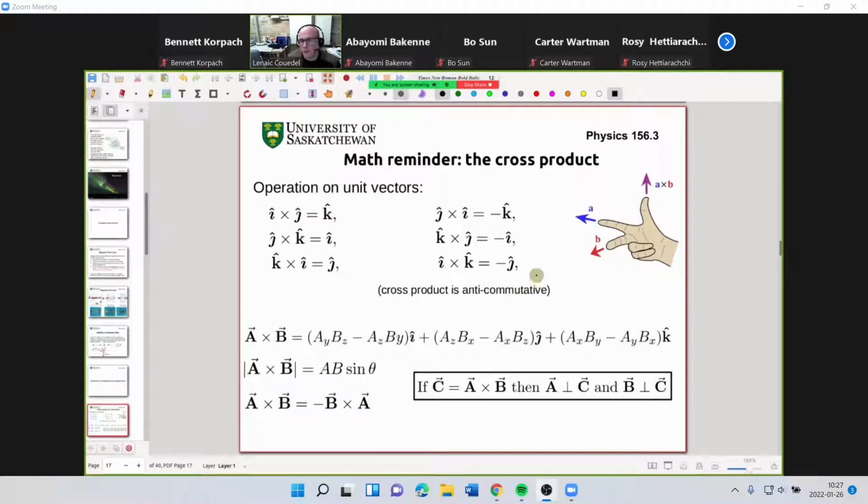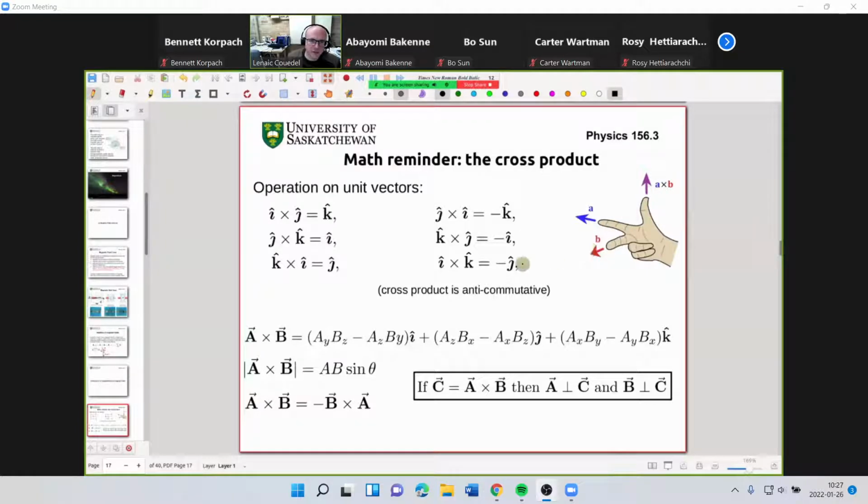To find the direction of the vector, you can use the right-hand rule. If you take the cross product of A and B, that will give you a vector C. You have your index pointing in the direction of vector A, your middle finger pointing in the direction of vector B, and the thumb of your right hand will point in the direction of A cross B.